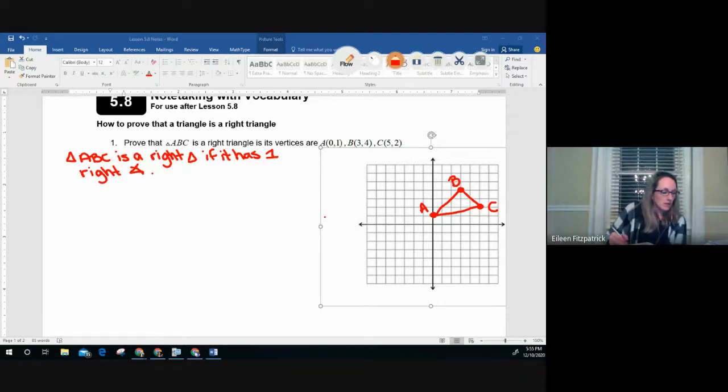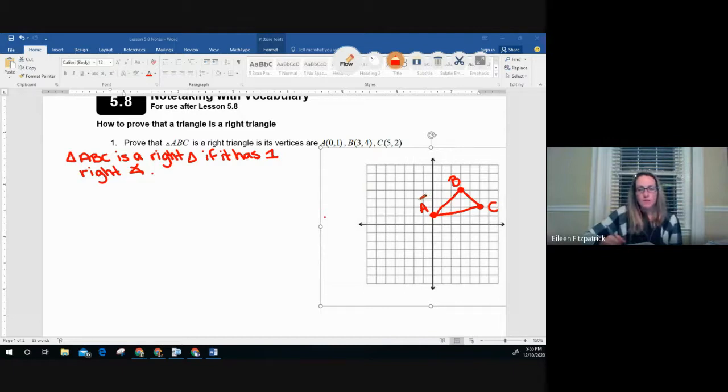How do you think we're going to prove whether or not this is a right triangle? Think about it for a second. Should I take out a compass and a protractor and try to measure each of the angles? No, I'm not going to do it that way.